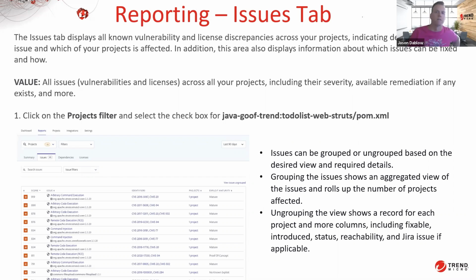A number of my customers were really interested in the license discrepancies on their projects because it gives them the idea of what's going on within the environment. And I had others, like SOC teams, the Security Operations Center engineers that are responsible for actually providing incident response and remediation. They were really interested in the vulnerabilities that were deployed into runtime so they can solve some of these through runtime controls as well.